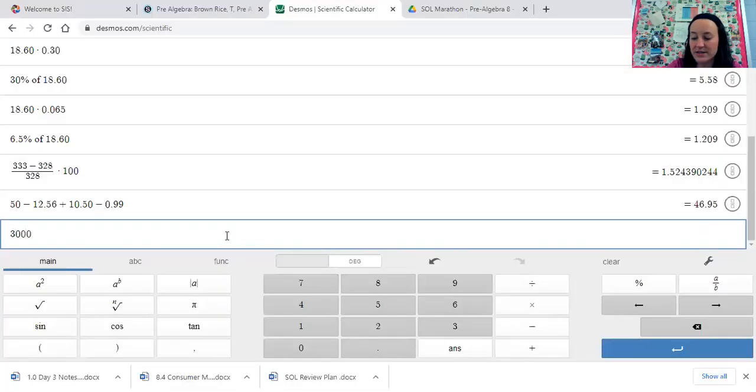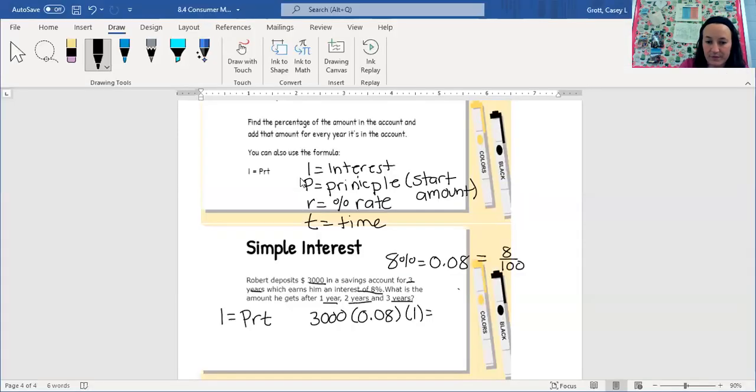So $3,000 we started with. My interest rate was 8%. And then times 1. So I earned $240 in interest in that account. Okay, $240. If it was 2 years, it would look like this.